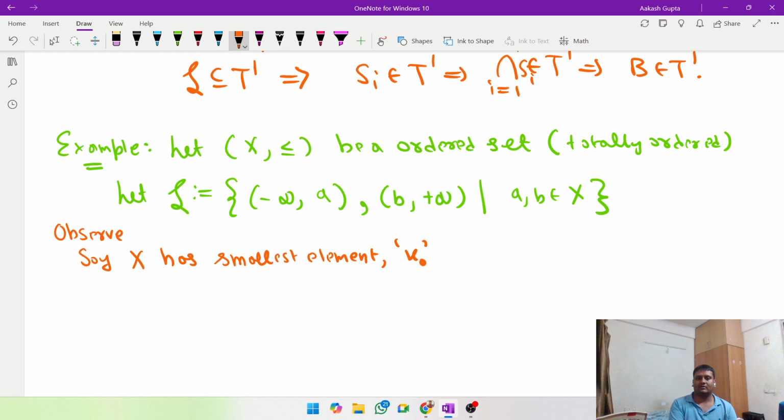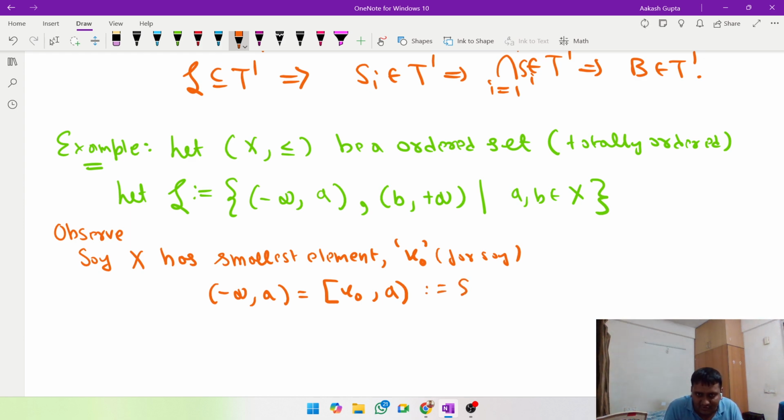Then minus infinity to a is nothing but all the points which include x naught and are related with a.